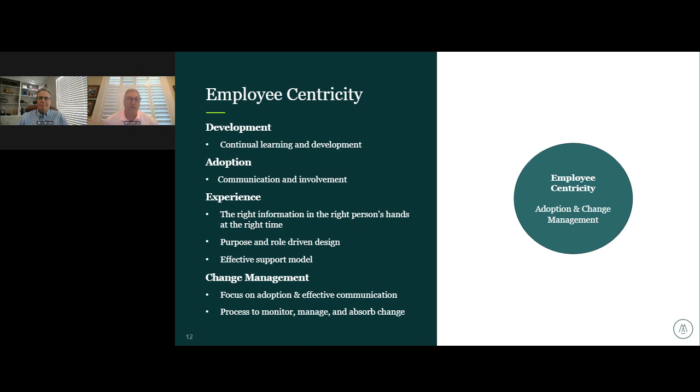Reporting: information in the right person's hands at the right time. Probably one of the number one things. If you can give people the information they need to do their job in a timely and easily consumable manner, your success rate goes up infinitely. Again, purpose and role driven.